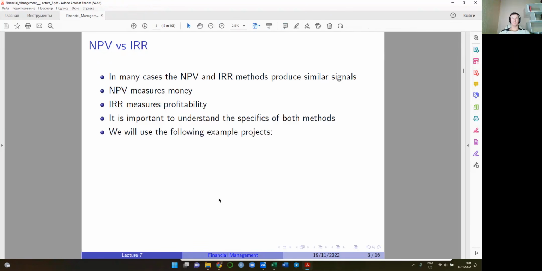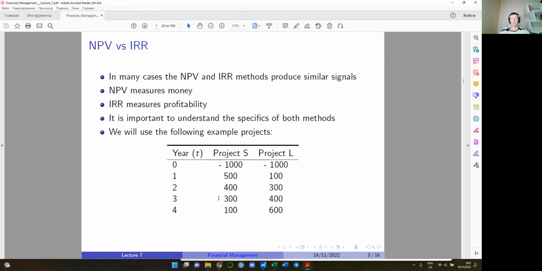Through this lecture, we will use the following example projects, the same examples as we used in the previous lecture. We have years and the following cash flows. Both projects S and L require 1,000, like 1 billion rubles, for example, or yuans, dollars, euros, of investment before the project starts.